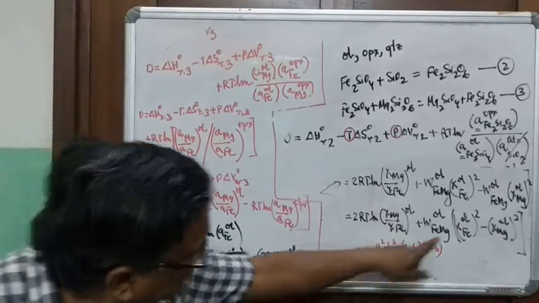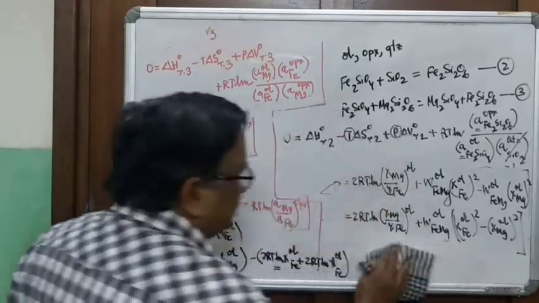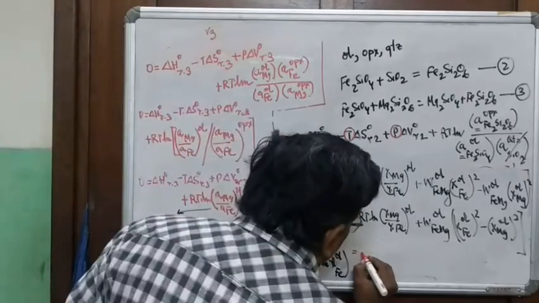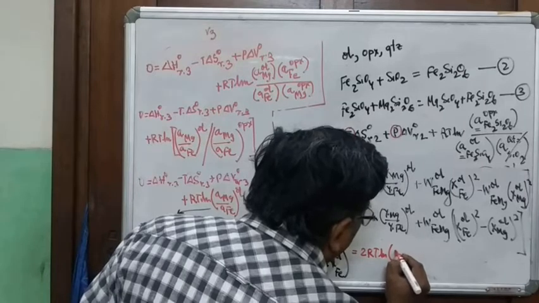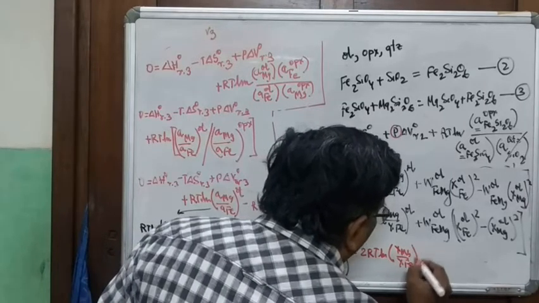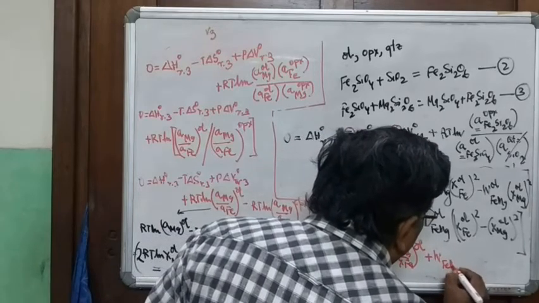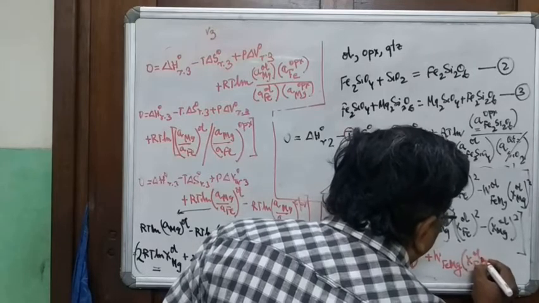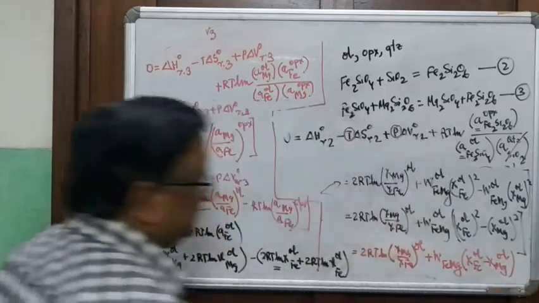So essentially this will be 2RT ln XMg by XFe olivine plus W FeMg into XFe olivine minus XMg olivine.